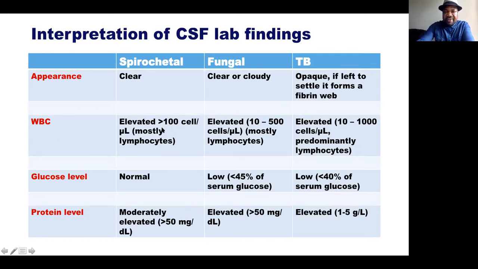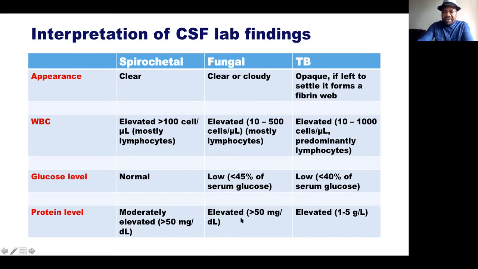The white blood cells are elevated on both sides. In fungal meningitis, it's more predominantly lymphocytes, elevated between 10 to 500 cells per microliter. In TB, it's elevated by more than that, up to 1,000 cells per microliter, also predominantly lymphocytes. The glucose level here is less than 45% of serum glucose, and here it's less than 40% of serum glucose.